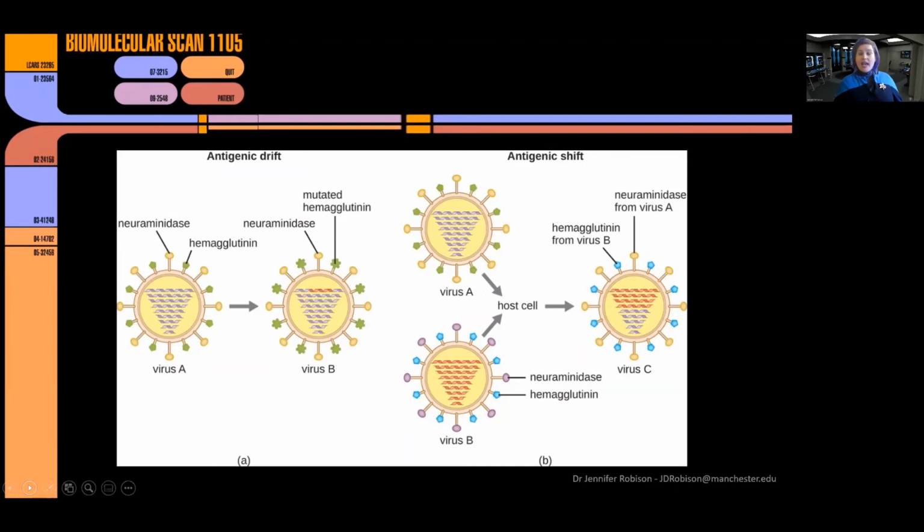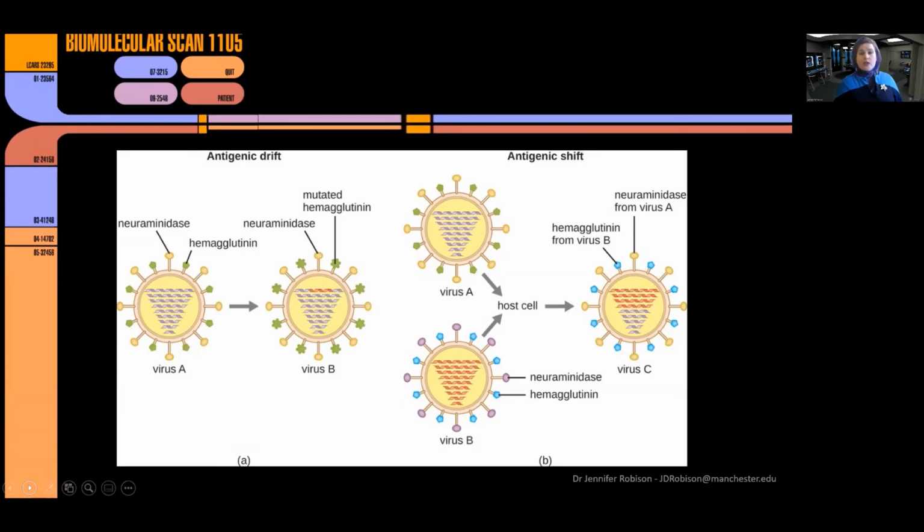When that same cell gets infected by virus B, there are now 8 virus B RNA strands present. During viral replication, 8 strands are going to be put into virus C. These strands are often a reshuffling from the 16, 8 from A and 8 from B, so that virus C has a completely different genome than either of the ones that came before.